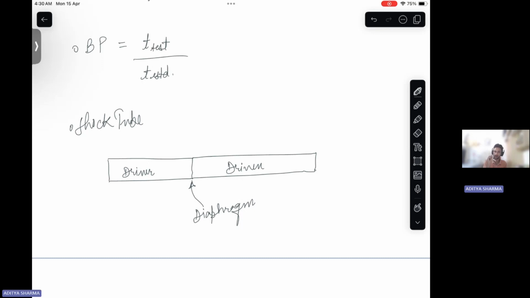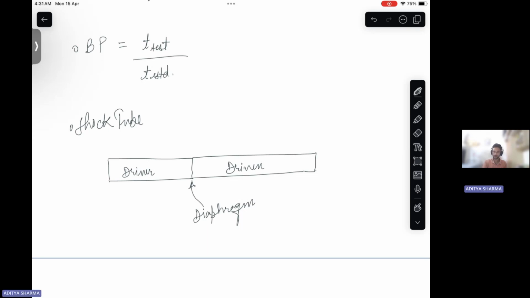The diaphragm can be of aluminium or mylar sheet or some paper-based material. As we keep on pressurizing the driver section, or filling it with the high pressure gas, the time comes when this diaphragm bursts. The burst of the diaphragm gives rise to a shock, and this shock we use to perform our aerodynamic tests.